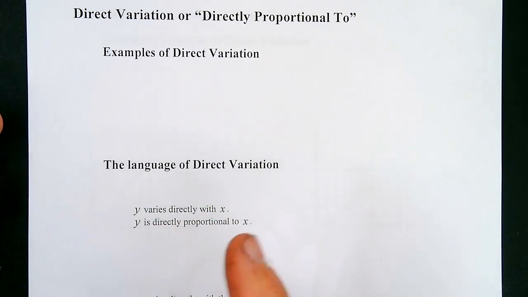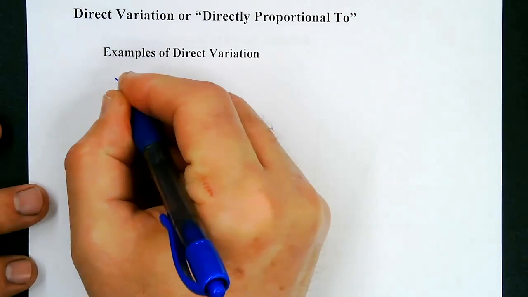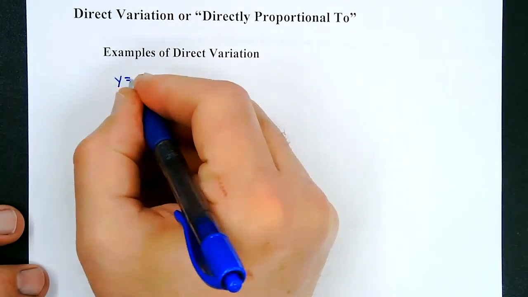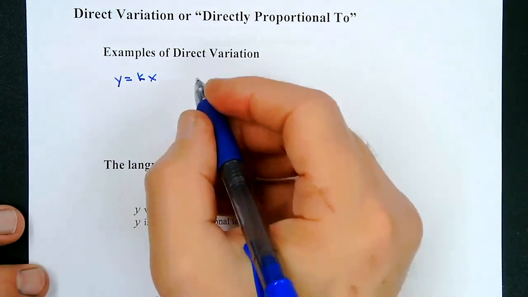And so the relationships will always look like this, okay? It'll be some y, some quantity we're measuring, is equal to a constant times x. That would be direct variation.